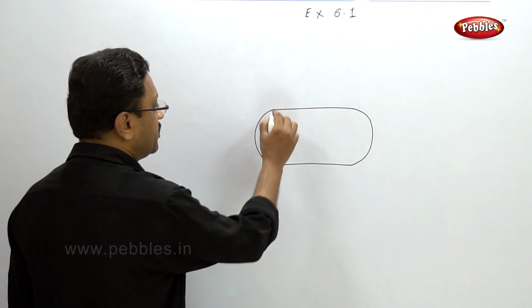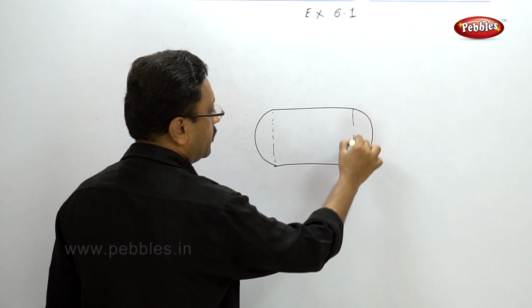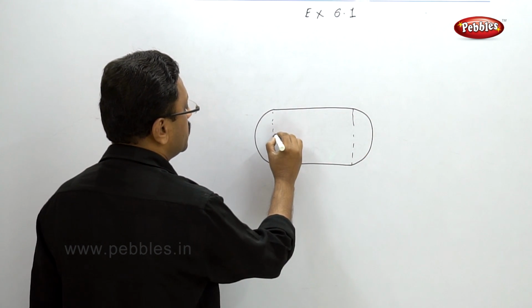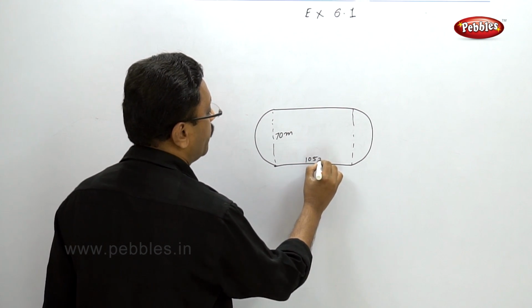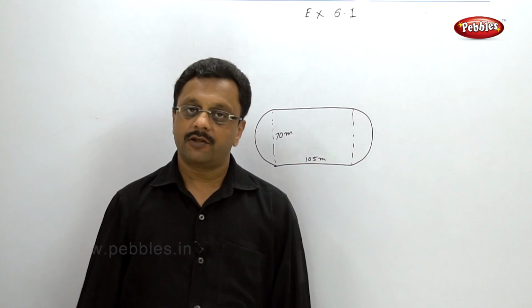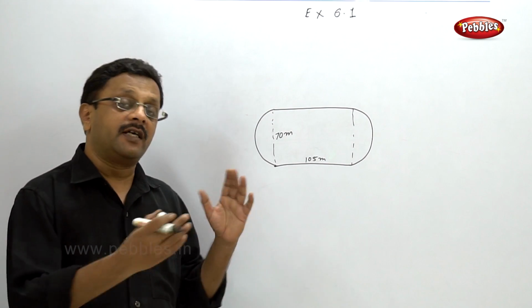Now these are the semicircles. That means here we have a line. Now this distance is 70 meters and this is 105 meters long. Correct? Now we are trying to draw the figure by the given description.